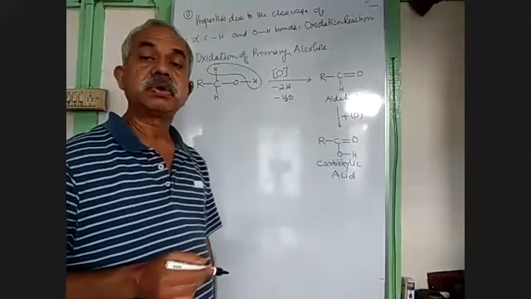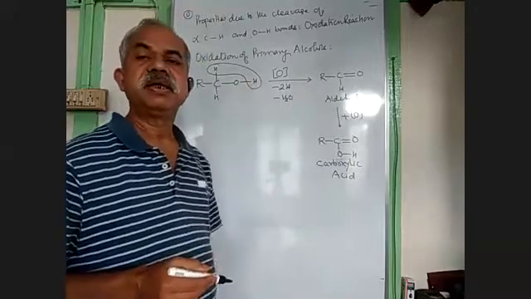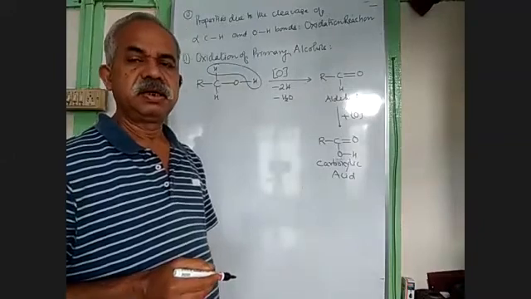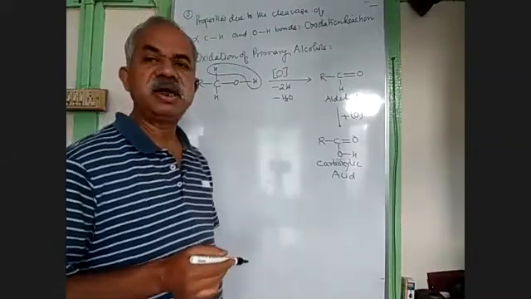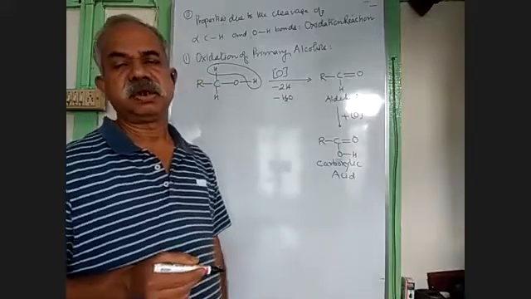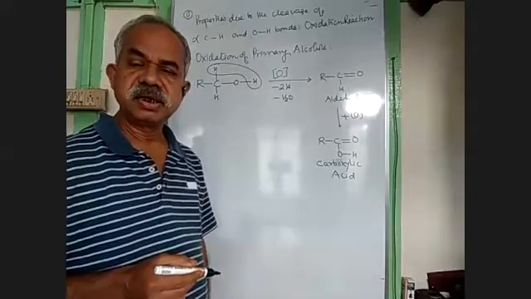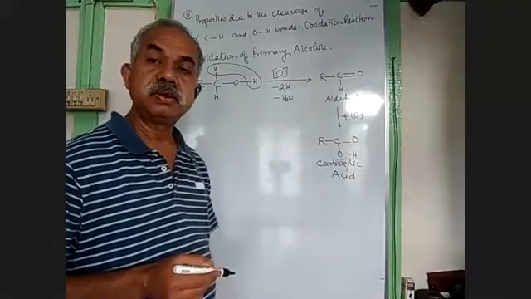Or if you use strong oxidizing agents, in that case, you will not be able to separate the aldehyde. The final product will be carboxylic acids. But one very interesting thing is that the boiling point of aldehydes is much lower than the boiling point of carboxylic acids. So by using strong oxidizing agents, if you wish to get the aldehyde, what can you do?